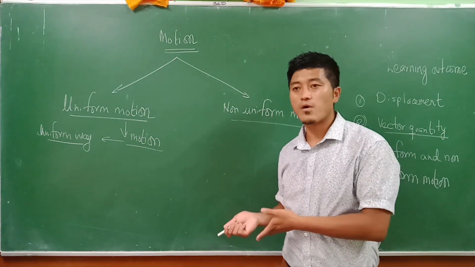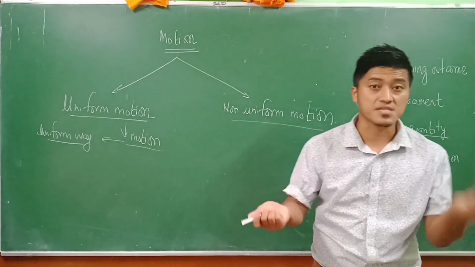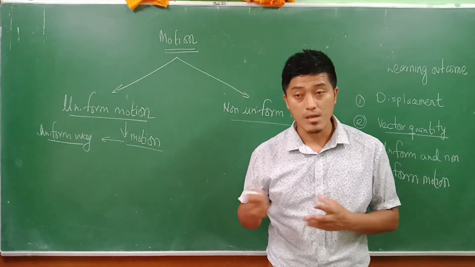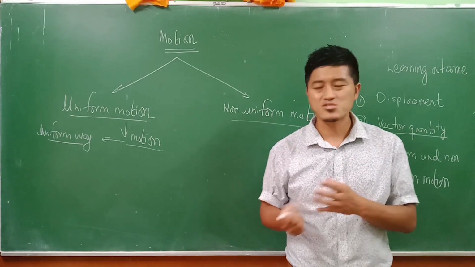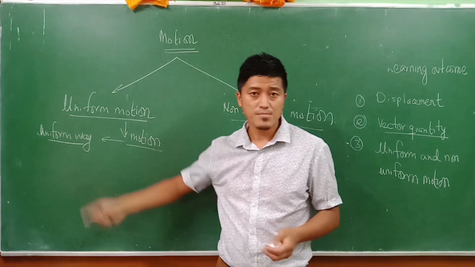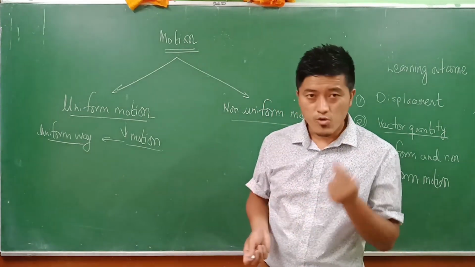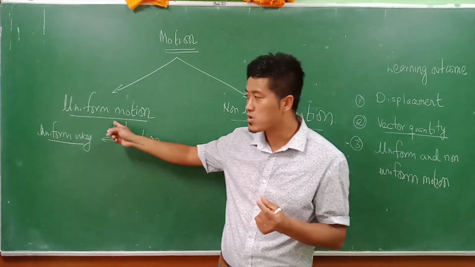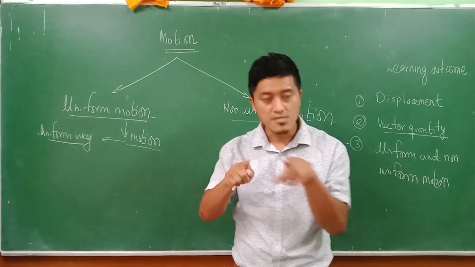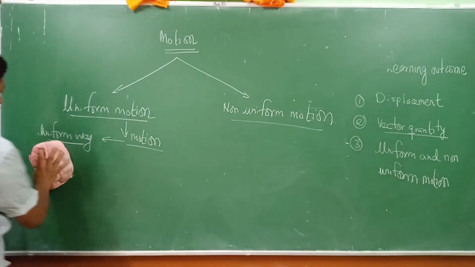Because if you all started to wear your own clothes, there would be many different cases coming up. Some students won't be able to wear good clothes, and some will. There are so many issues coming up. But if you are wearing uniform, that means all are the same somehow. So whenever we are talking about uniform motion, there is something like the same thing, similar. So let us talk uniform motion.